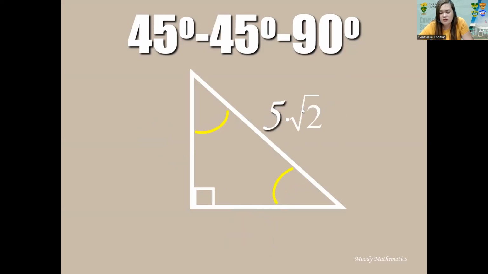If 5 square root of 2 ni ang hypotenuse, what is the measure of the legs? The legs is equals to 5. Correct. So, if ang hypotenuse is 10 square root of 2, unsa man ang measure sa legs? 10. Okay, nagets na ninyo?